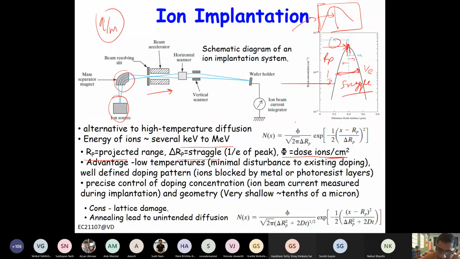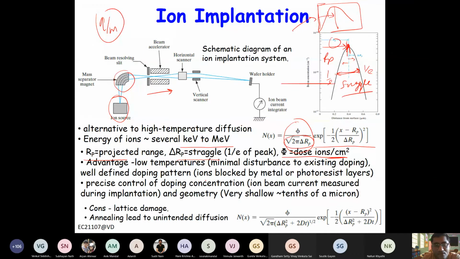The doping inside is given by a Gaussian function with average at RP and delta RP as the standard deviation. The peak doping concentration is the dose divided by root 2 pi delta RP, which has the unit of per cubic centimeter. So that is the doping profile.